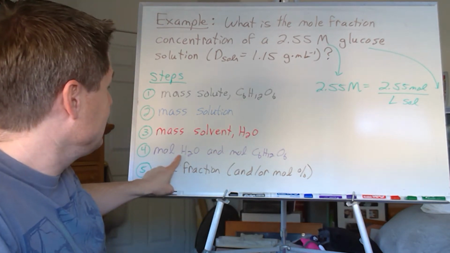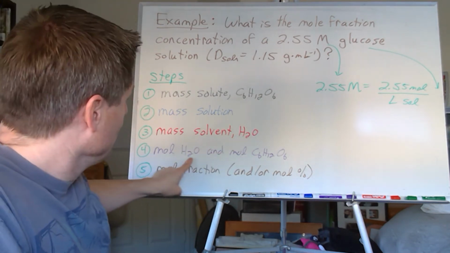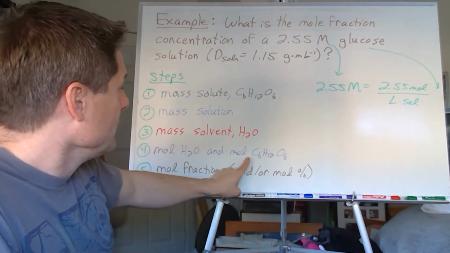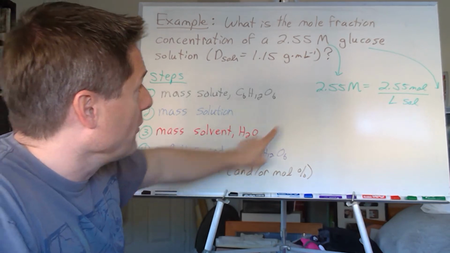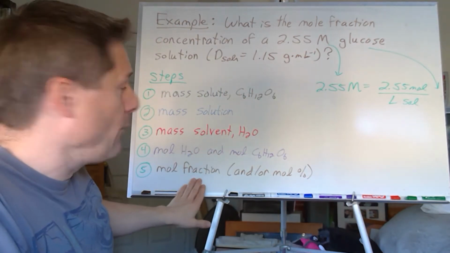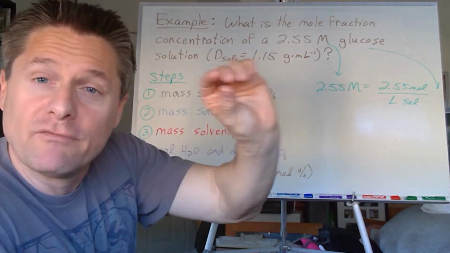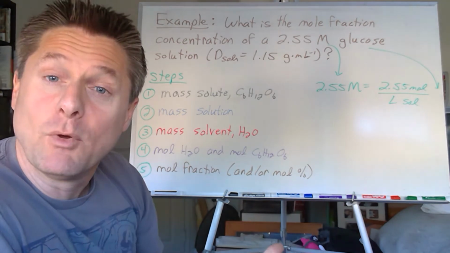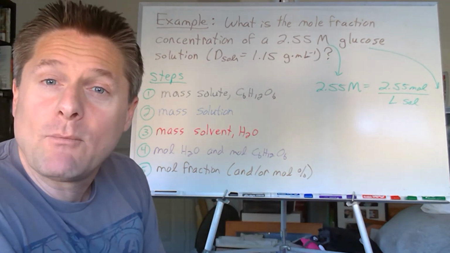Okay. So let's take the mass of the solvent, convert to moles using molar mass. Get your trusty dusty periodic table. We already know the moles of the solute, right? It's 2.55. Then once we have all that, we can do the mole fraction. Take the moles of the glucose over the moles of the glucose plus the moles of the water. That gives you the mole fraction. If you multiply that by 100, you get mole percent.